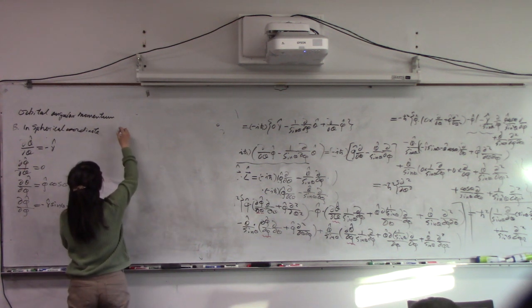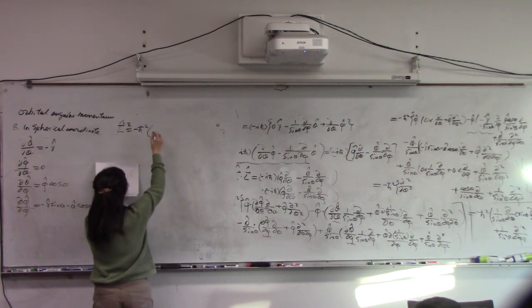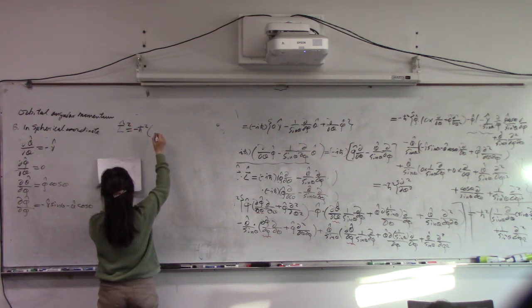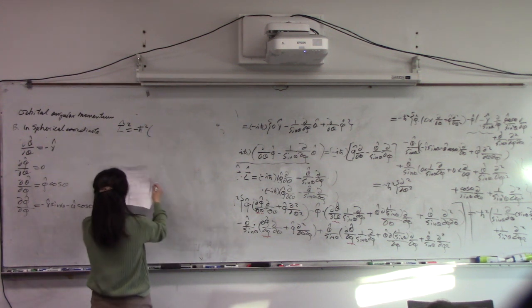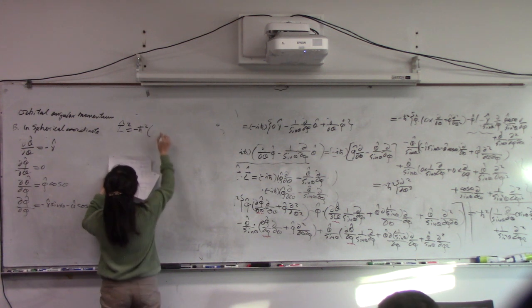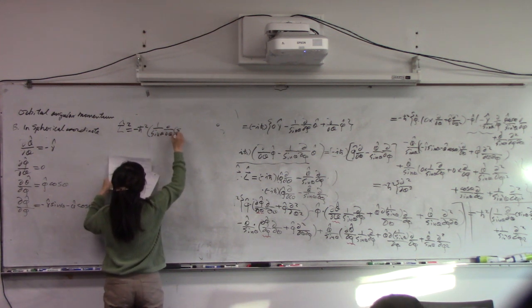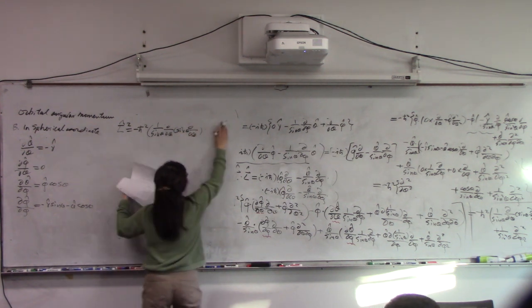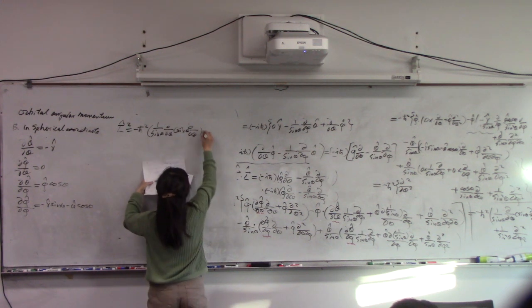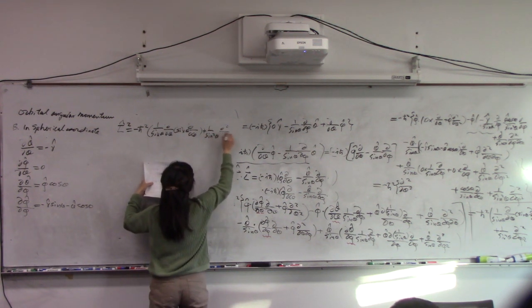So now finally, L square in spherical coordinates is minus h bar squared, 1 over sine theta partial theta sine theta partial theta, plus 1 over sine square theta partial square.